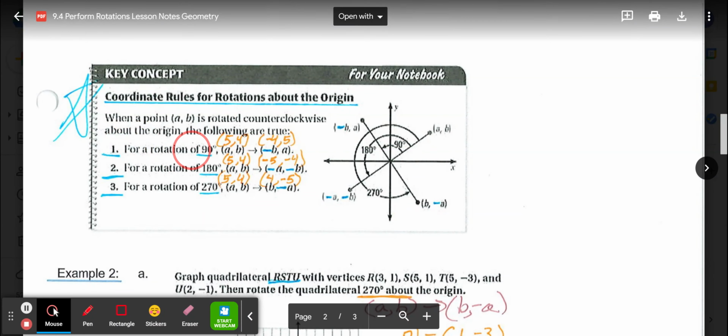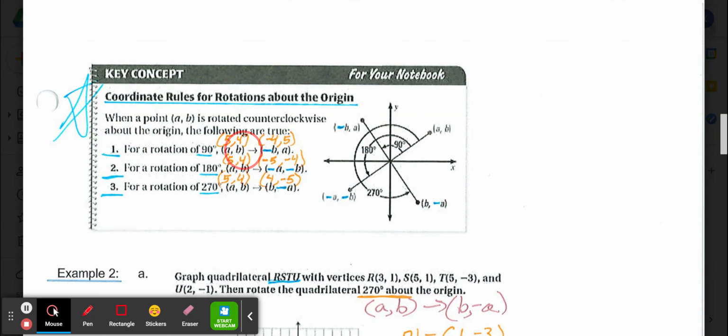If our original coordinates were (A, B), and we're rotating all these counterclockwise, for a 90-degree rotation, (A, B) becomes (negative B, A). So if our original point was (5, 4), our new point would be (negative 4, 5). For a 180-degree rotation, the original coordinates (A, B) become the new coordinates (opposite of A, opposite of B). So if my original coordinates were (5, 4), my new ones after a 180-degree rotation would be (negative 5, negative 4).